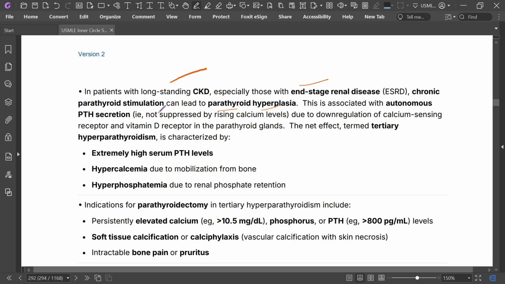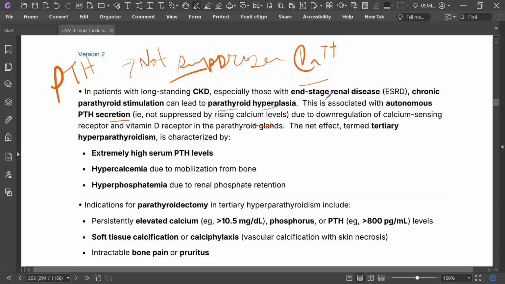This is associated with autonomous PTH secretion not suppressed by rising calcium, due to down regulation of the calcium sensing receptor and vitamin D receptor in the parathyroid gland. The net effect is termed tertiary hyperparathyroidism.